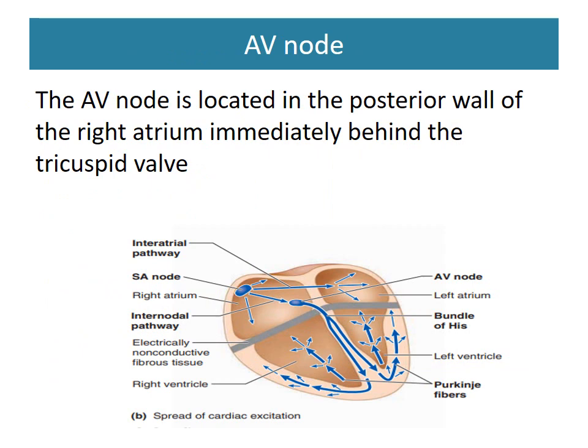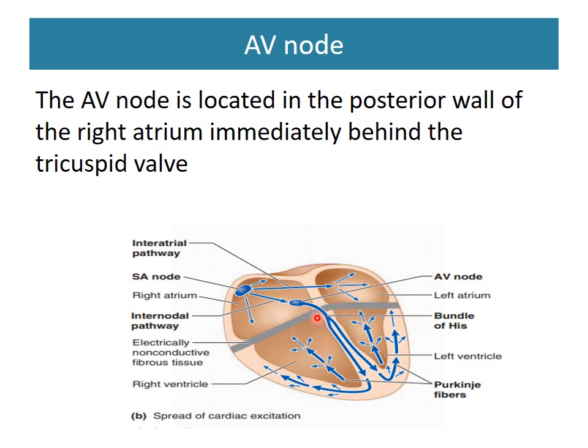Atrioventricular node or AV node is located in the posterior wall of right atrium, immediately behind the tricuspid valve. You can see here on the right side of the lower part of the atrial septum, on the posterior wall of right atrium. Do remember, AV node is the only point of electrical contact between atria and the ventricles.